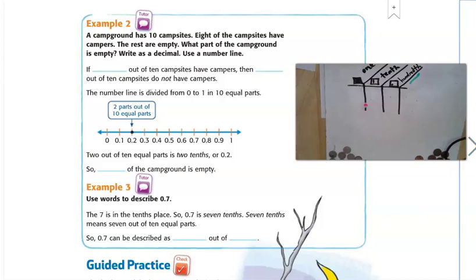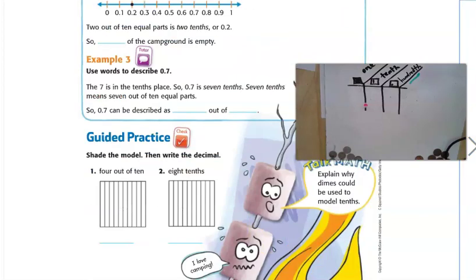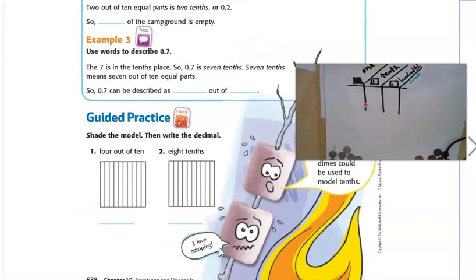Okay, now we're on the practice, so these are ones that you should try and then continue watching the video to see if you're doing fine or if you need to watch more to get some more help. So we're going to shade the model and then write the decimal underneath. Okay, so I'm going to shade here 4 out of 10.